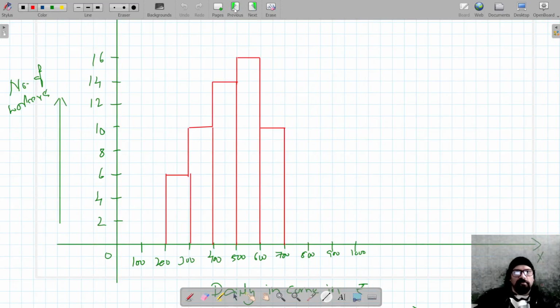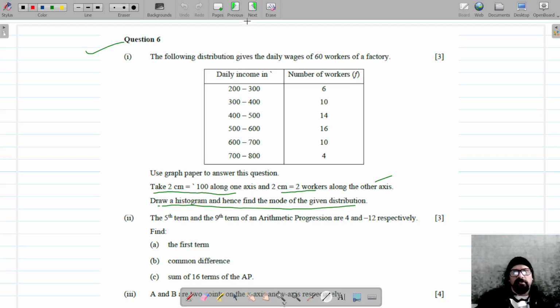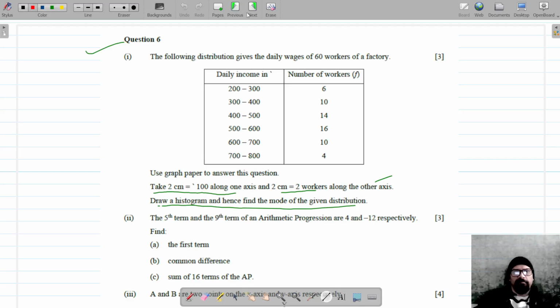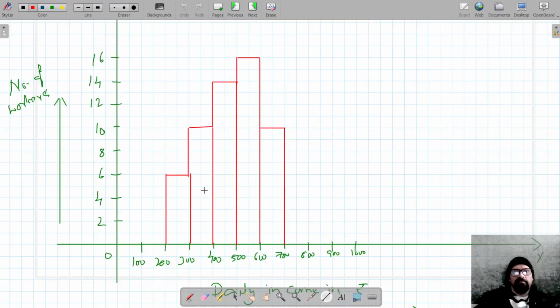Okay, 6, 10, 14 and 16, and then 16, 10 and then 4. So 1, 2, 3, 4, 5 and 6 is 4.